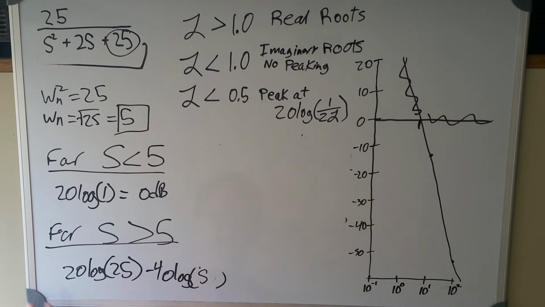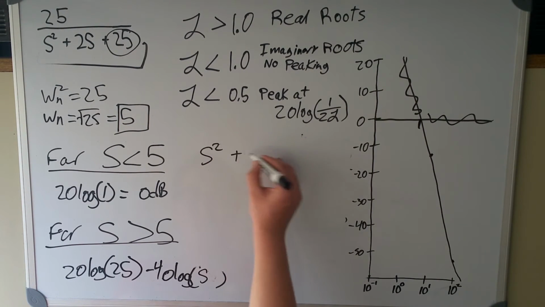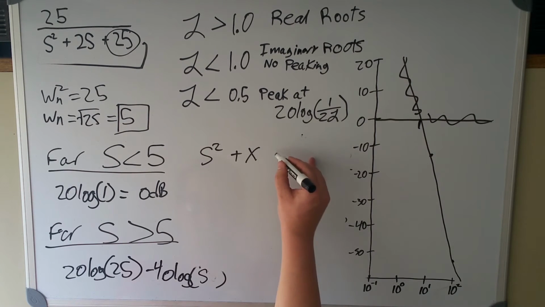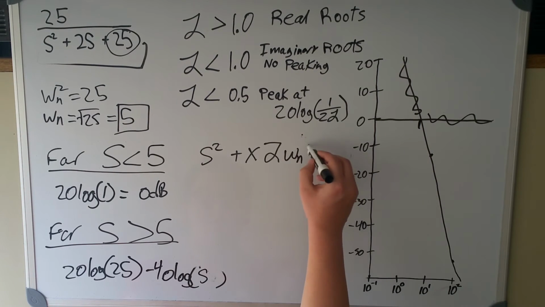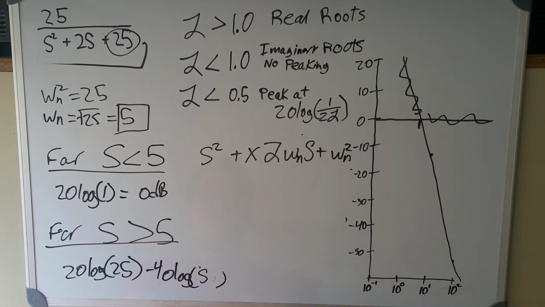How we do that is the general form is s squared plus 2 zeta Wn s plus Wn squared.